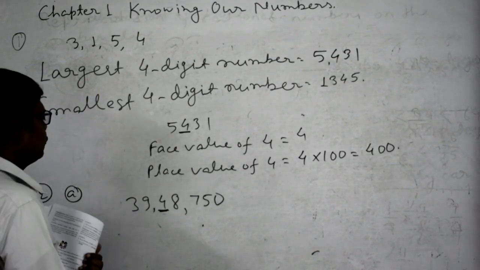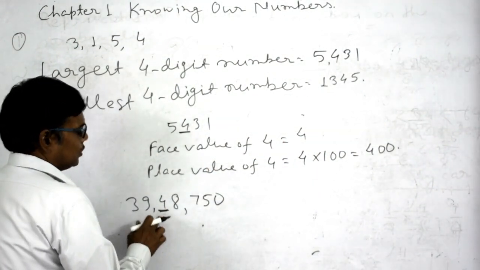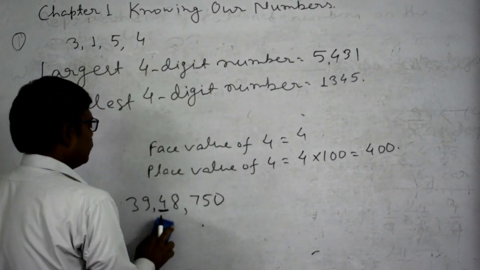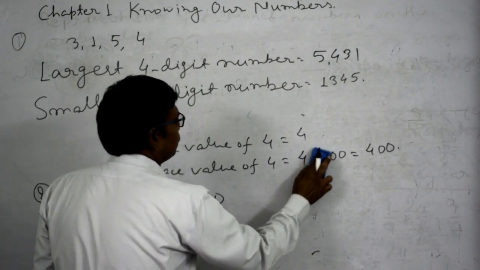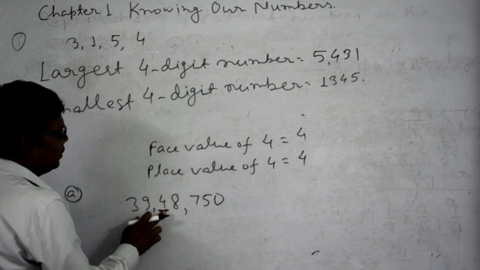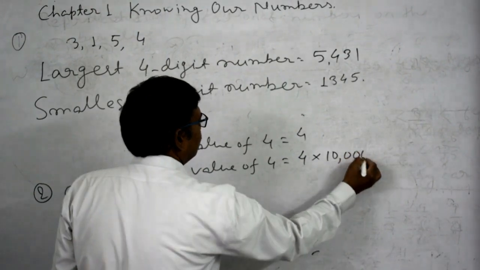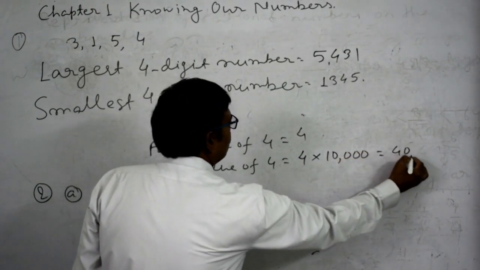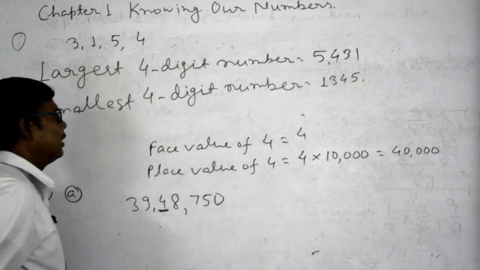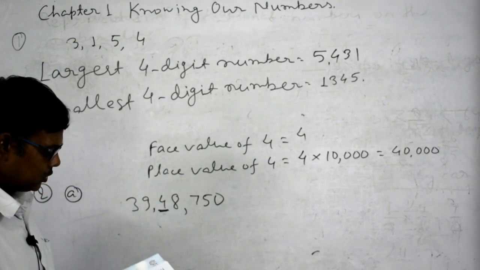The face value of 4 remains 4. The place value of 4 in this number will be 4 into 10,000, because it is at the 10,000th place, so the answer will be 40,000. So the place value of 4 is 40,000 and the face value remains 4. Do the other questions as homework.